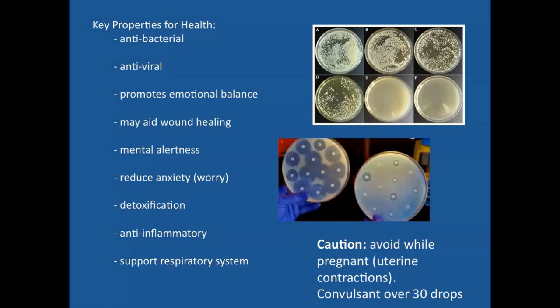So the top picture here is actually showing a petri dish plate doing some research on various concentrations of a substance that's put in with some fungus to see how well it clears at different concentrations.